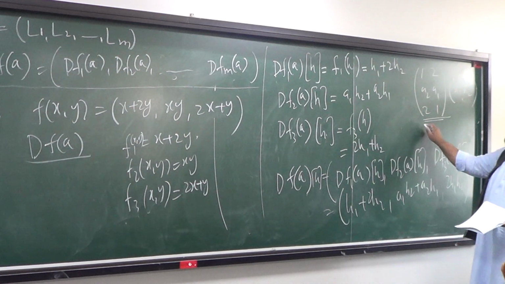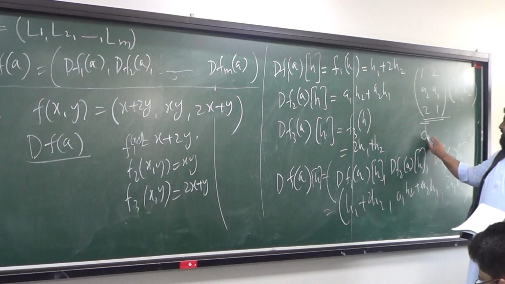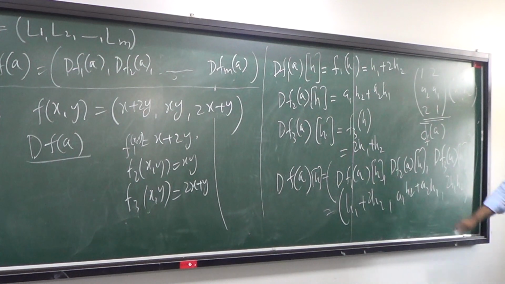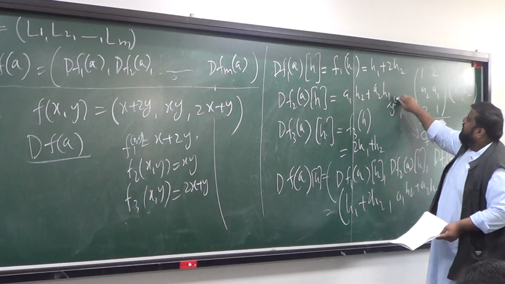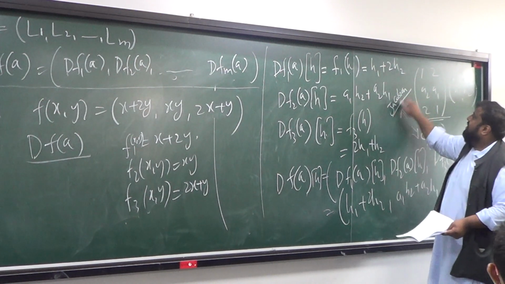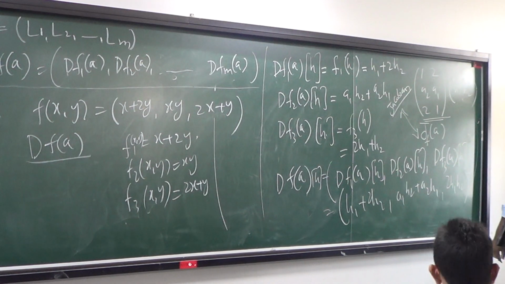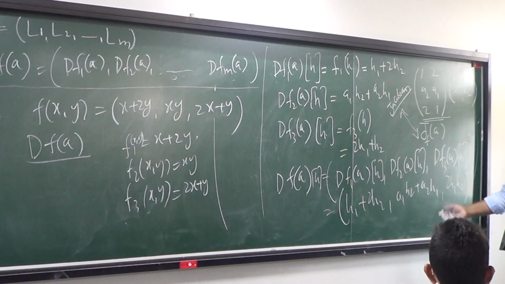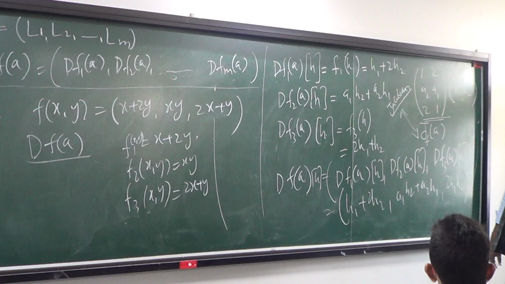This matrix is called the Jacobian of the function evaluated at a. Okay, so this guy is called the Jacobian. The Jacobian is basically the matrix representation of the linear transformation.